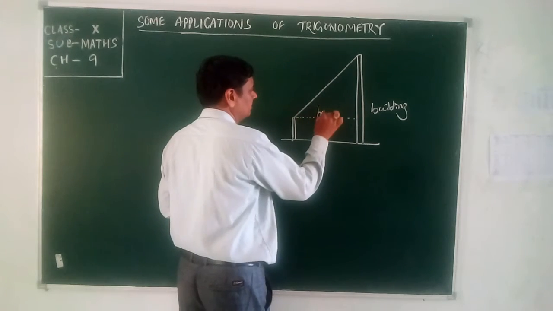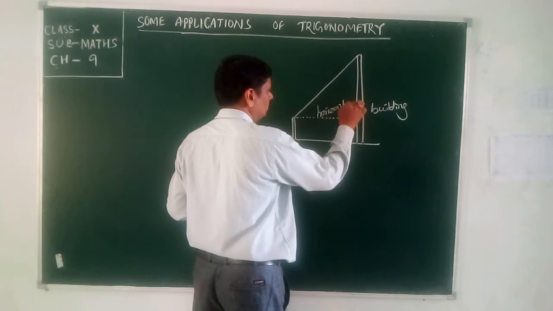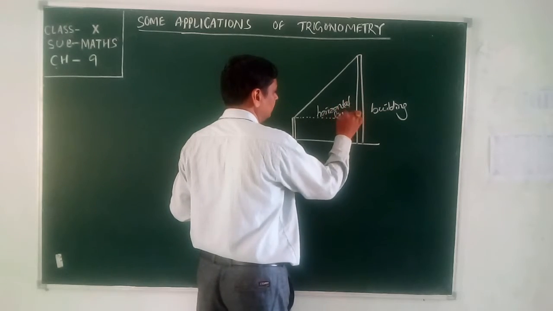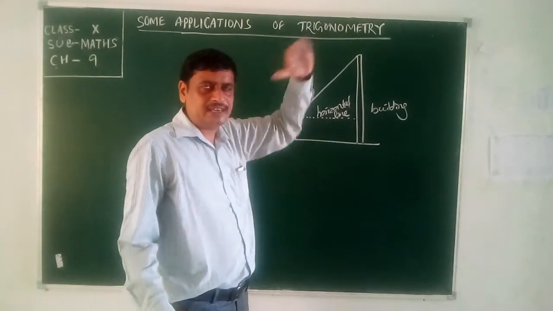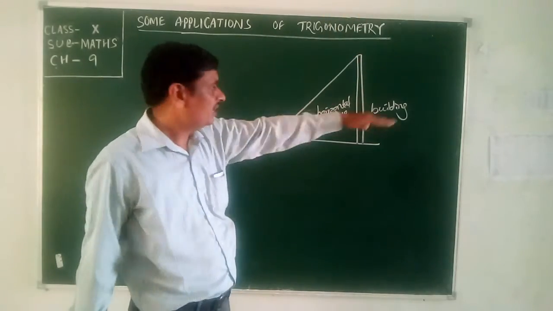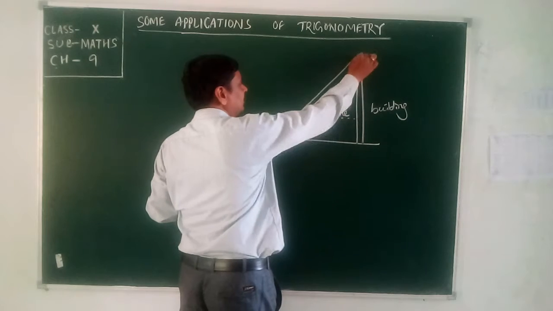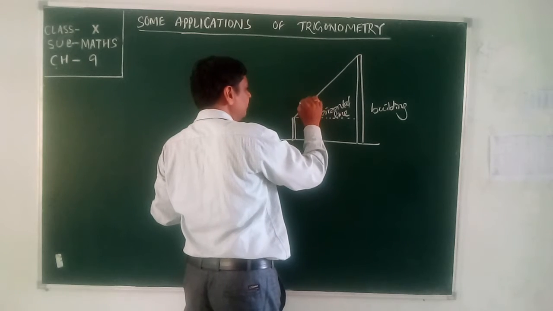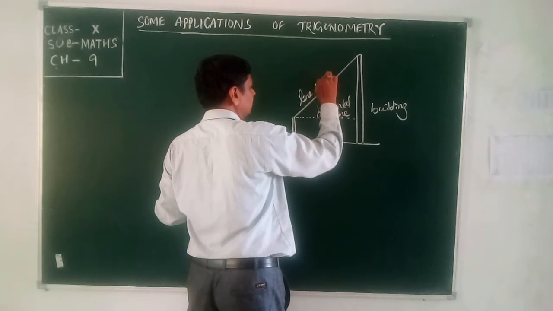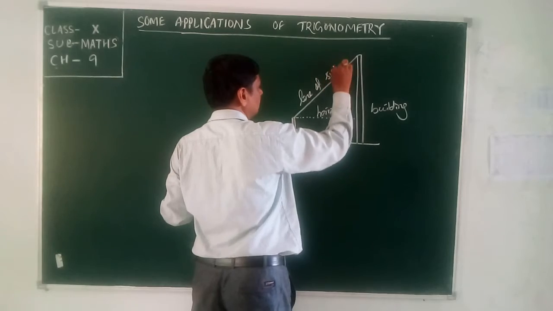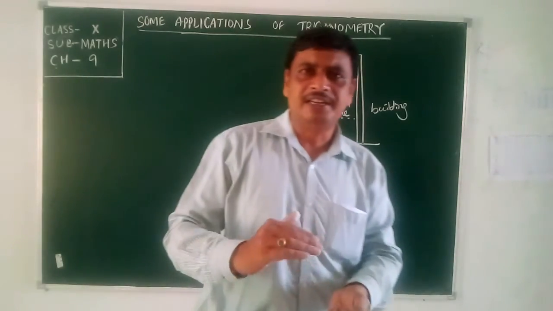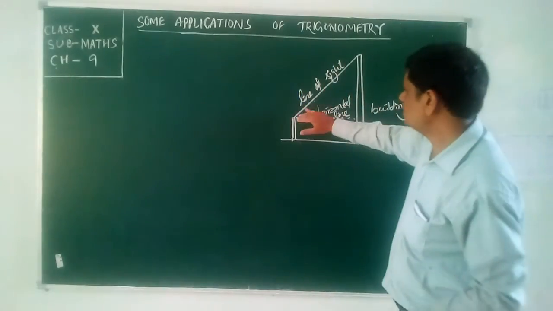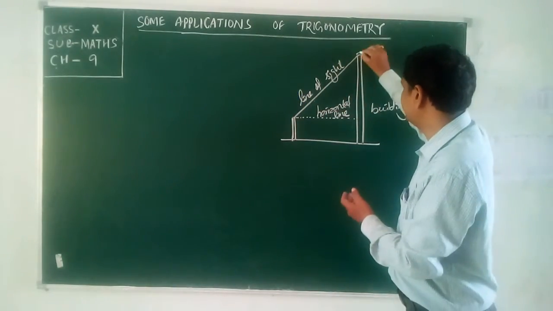But when we look at an object above this line, in this direction, this line is said to be the line of sight. Line of sight means the line in which we are looking at an object.